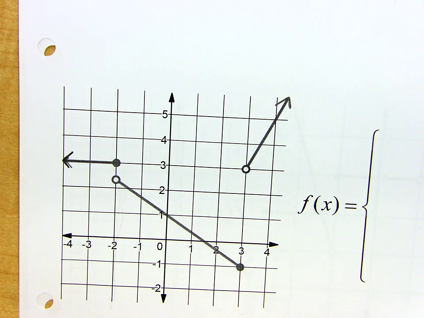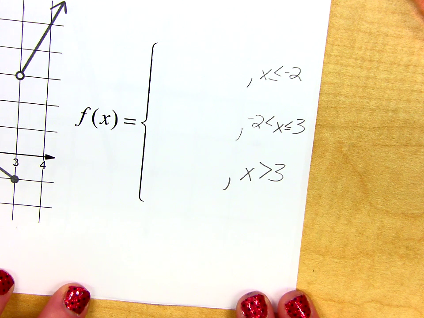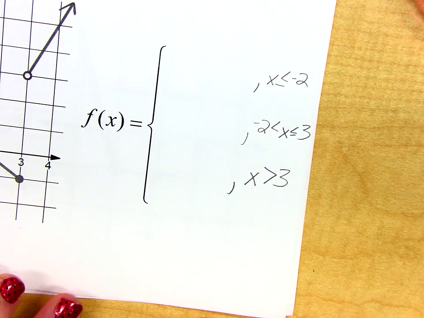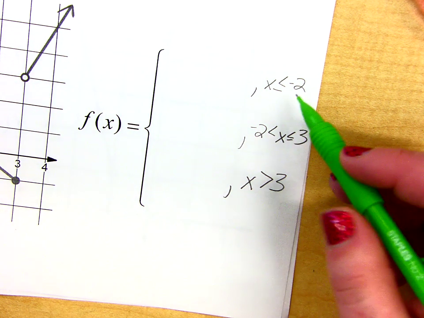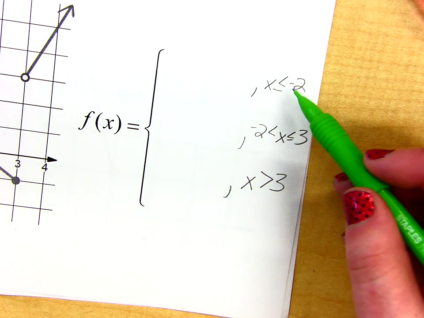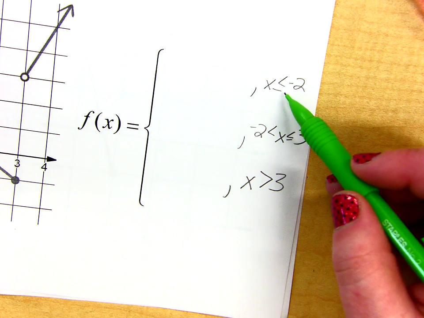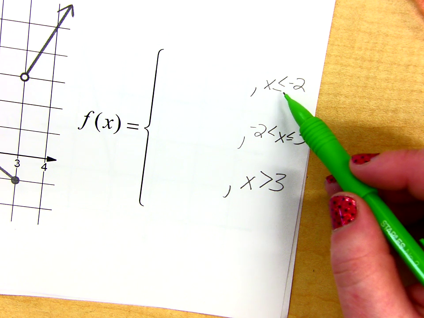Okay, does everybody have their intervals set up? Do you agree? And double check if you should have the bar underneath it or not, right? So for that first one, that's just a constant all the way to the left.